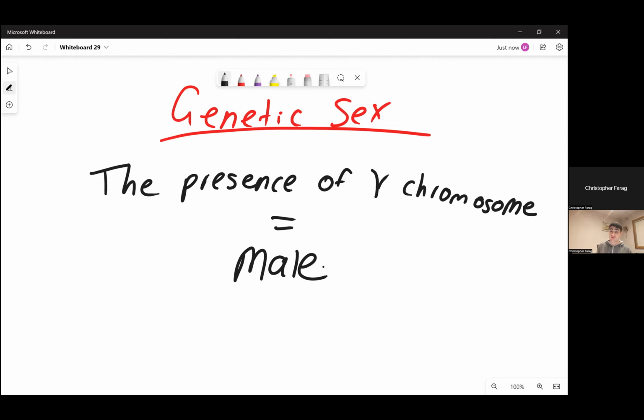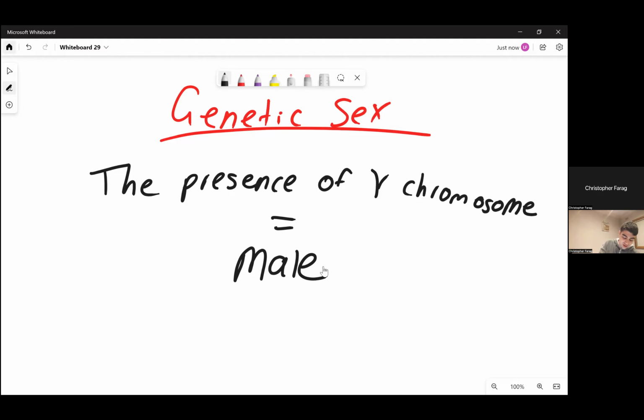Whereas if you had 4X chromosomes and a Y chromosome, you would be considered male because of the presence of a Y chromosome. Genetic sex is thankfully probably the simplest because of that. It's as simple as presence of the Y chromosome versus its absence.